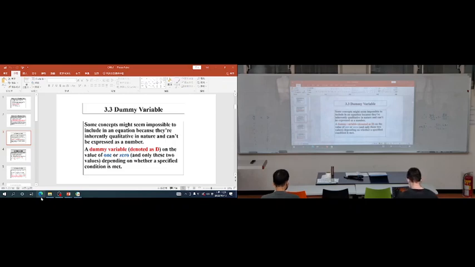How many dummy variables should I use if I have 3 categories? You are asking me, since now I have 3 categories, how many dummy variables do I use? How about thinking about it first?